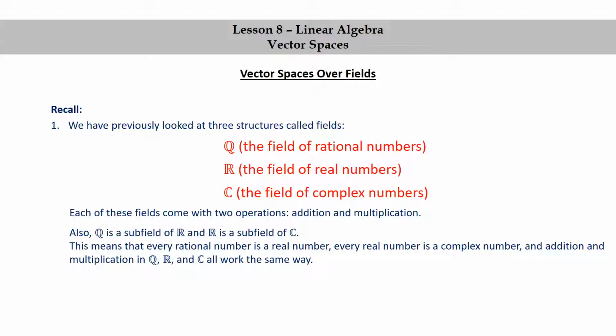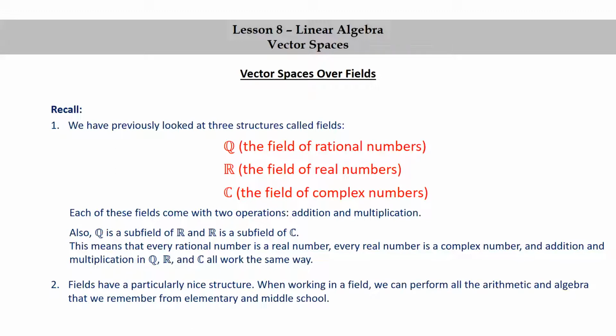This means that every rational number is a real number, every real number is a complex number, and addition and multiplication in Q, R, and C all work the same way. Fields have a particularly nice structure. When working in a field, we can perform all the arithmetic and algebra that we remember from elementary and middle school.